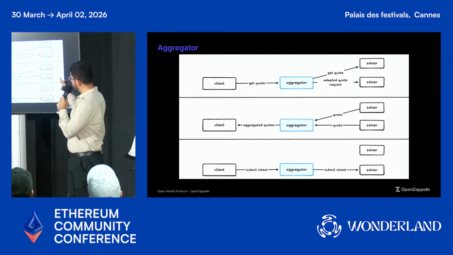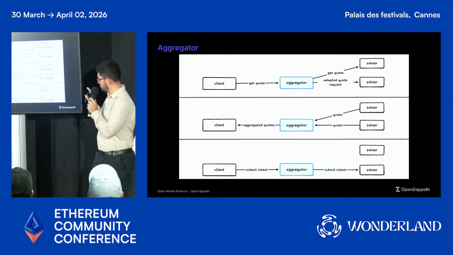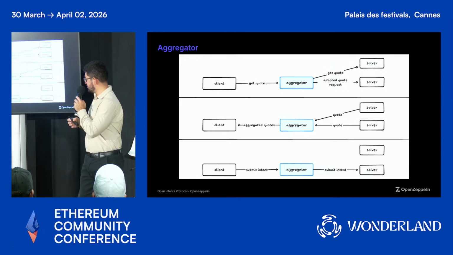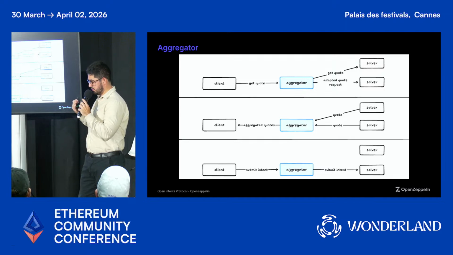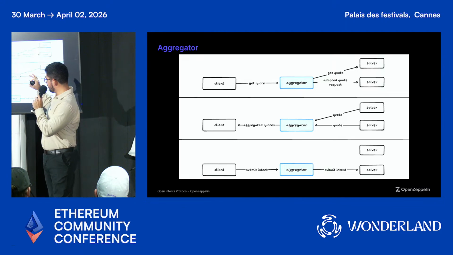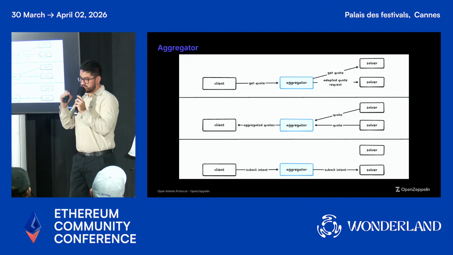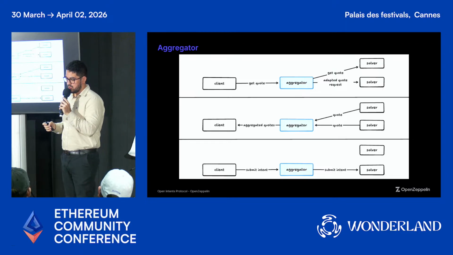The aggregator communicates with different solvers, and you just get back the information. The client can send the signed intent, or if they want, send it directly, because when you quote something, you can just sign the intent and send it directly to the chain.